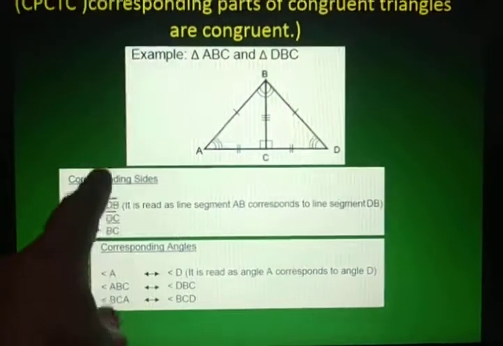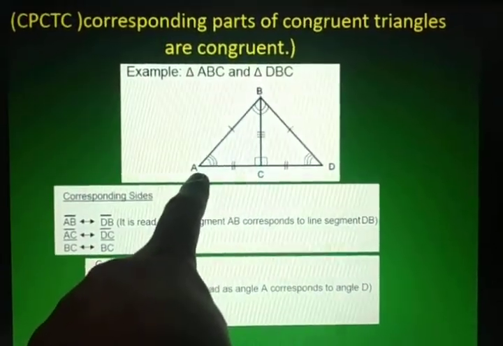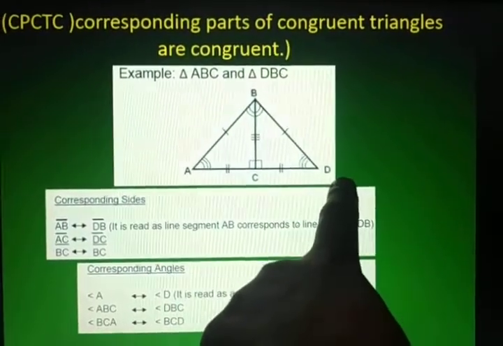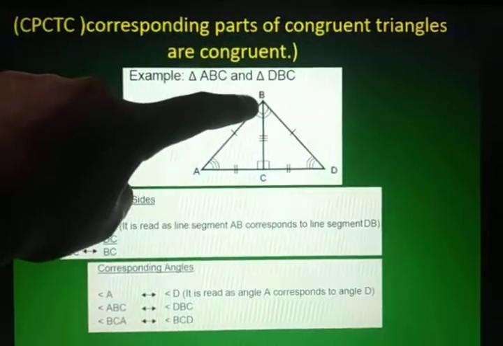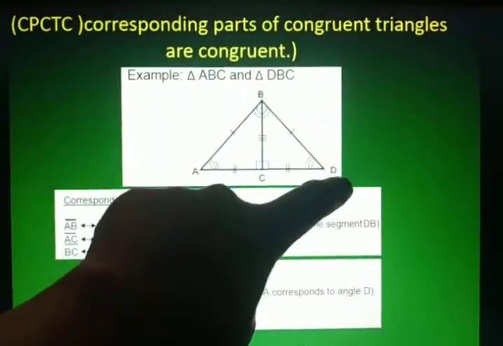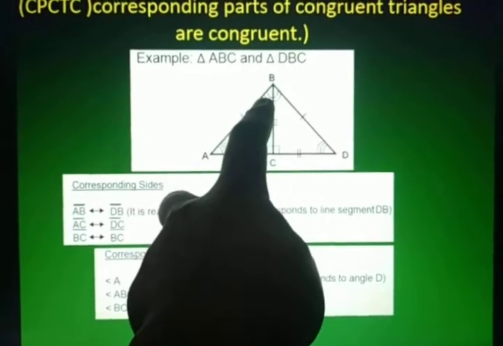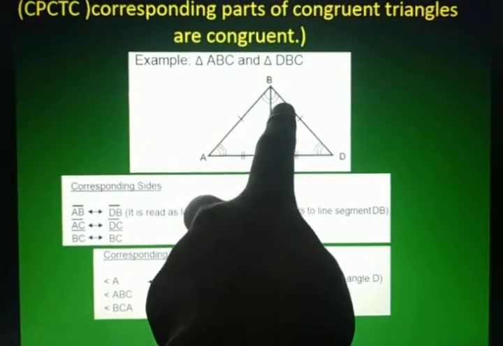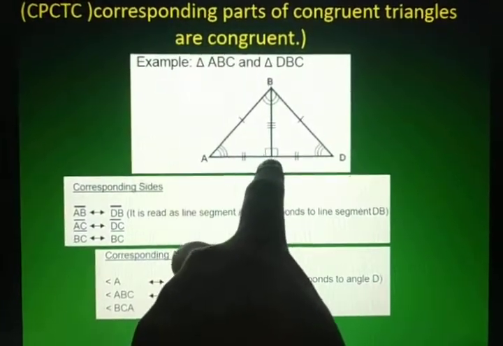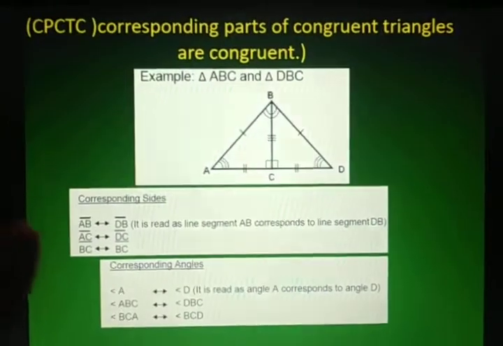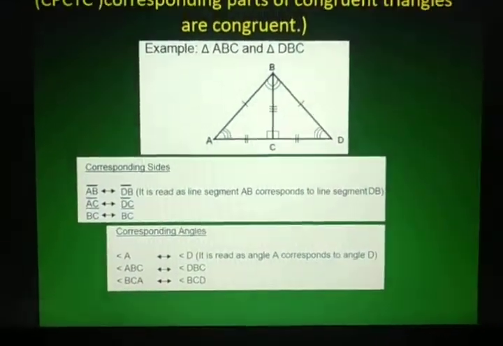Vertex A corresponds with vertex D. Vertex ABC, which I am referring to, corresponds to vertex DBC, or just B, class. B in the first triangle corresponds to B. And the last, vertex C corresponds to vertex C. So there should be three kinds: corresponding sides, corresponding angles, and corresponding vertices.